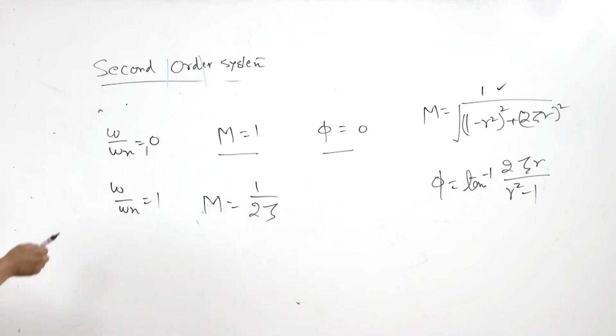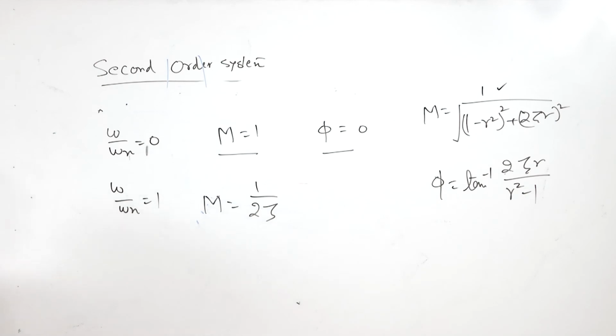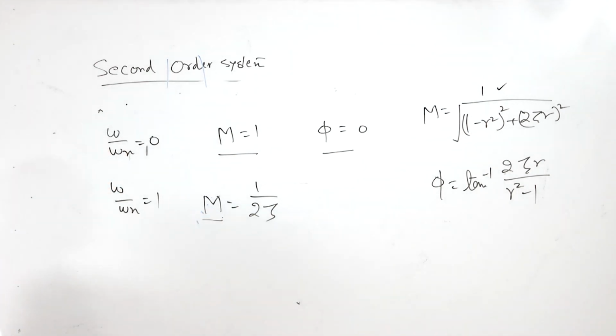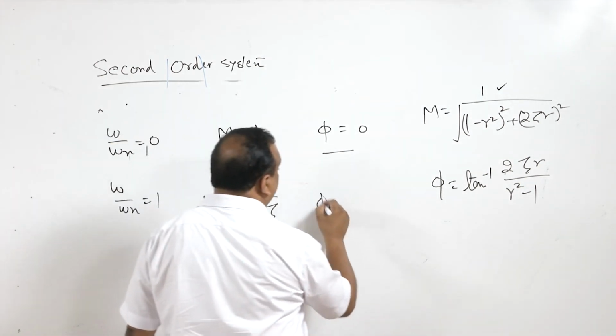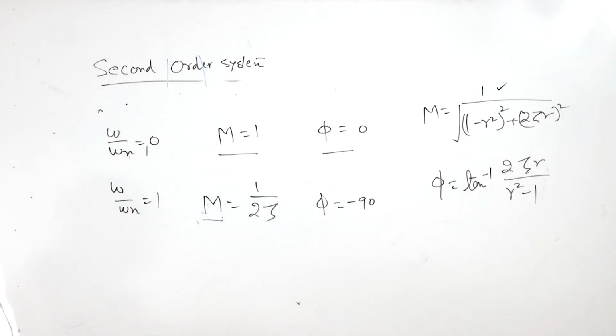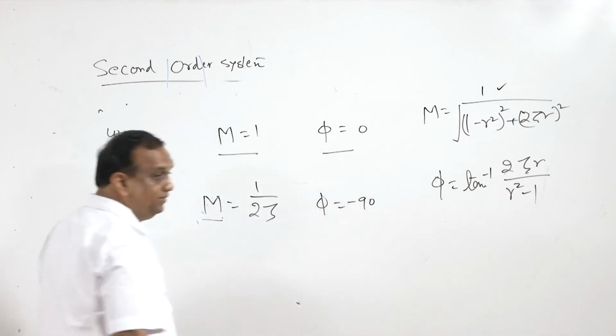When imposed frequency is equal to natural frequency of the system, m is going to be 1 by 2 zeta. If there is no damping, or damping is, say, zeta is 0.01, in that case m will have a very exorbitantly high value. Then phi in this case is going to be minus 90.